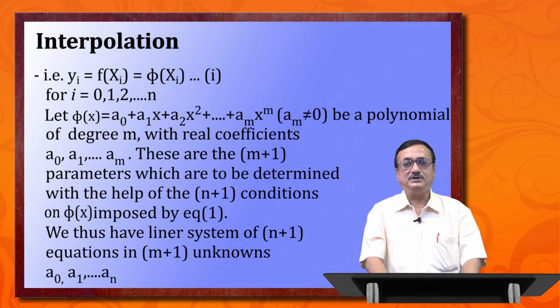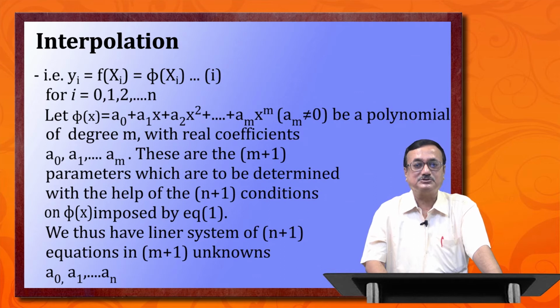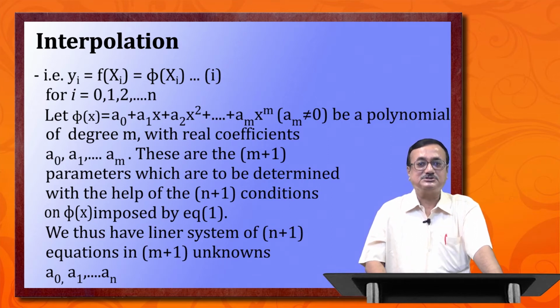These are the m plus 1 parameters which are to be determined with the help of the n plus 1 conditions of phi(x) as given by equation 1. We thus have a linear system of n plus 1 equations in m plus 1 unknowns a0 to am.